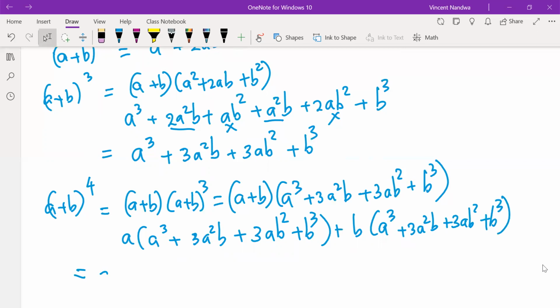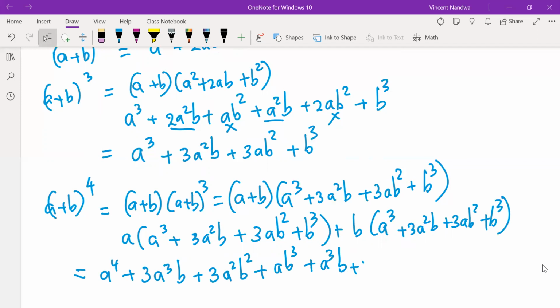So when you expand, you get a power 4 plus 3a cubed b plus 3a squared b squared plus ab cubed plus a cubed b plus 3a squared b squared plus 3ab cubed plus b power 4.